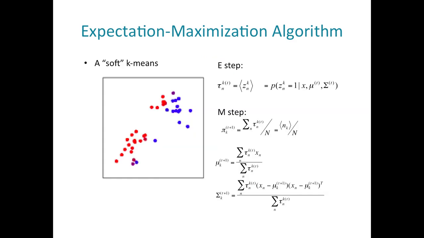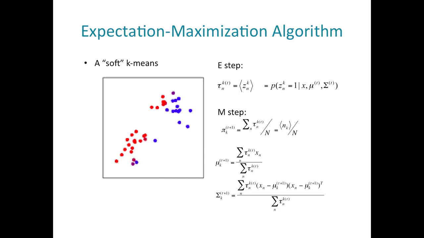More formally speaking, what's the math behind this soft clustering or soft k-means? In the expectation step, given an x point, we compute the probability of that point being a member of one of the clusters k that we are considering, assuming that we have a given mean and a given covariance.